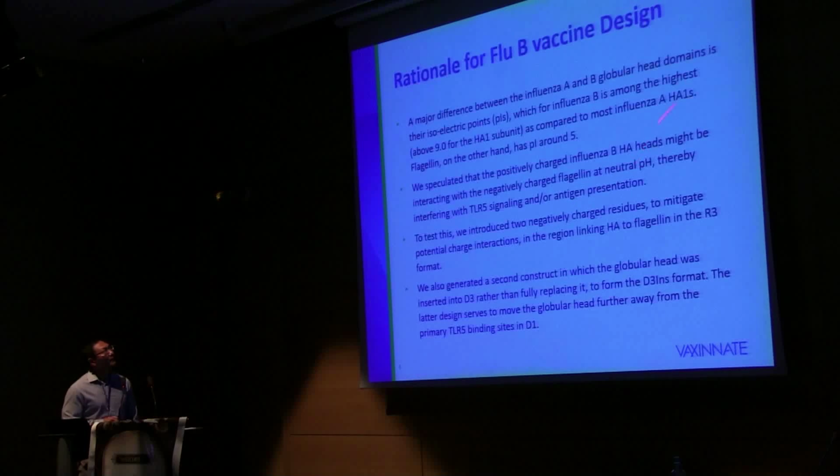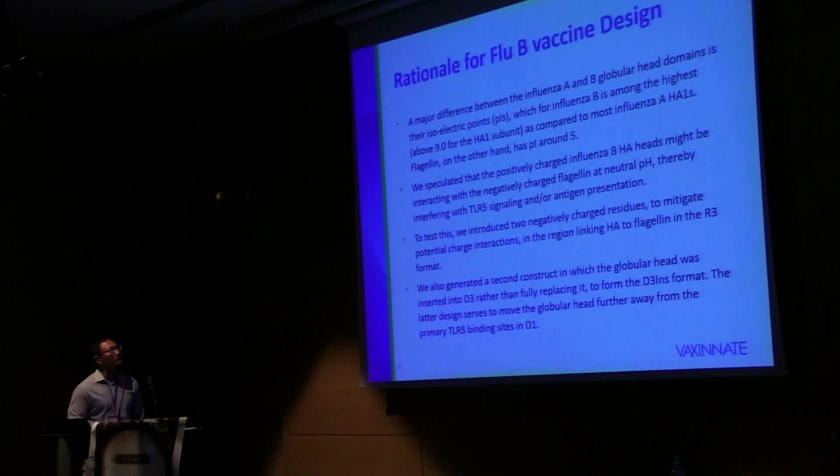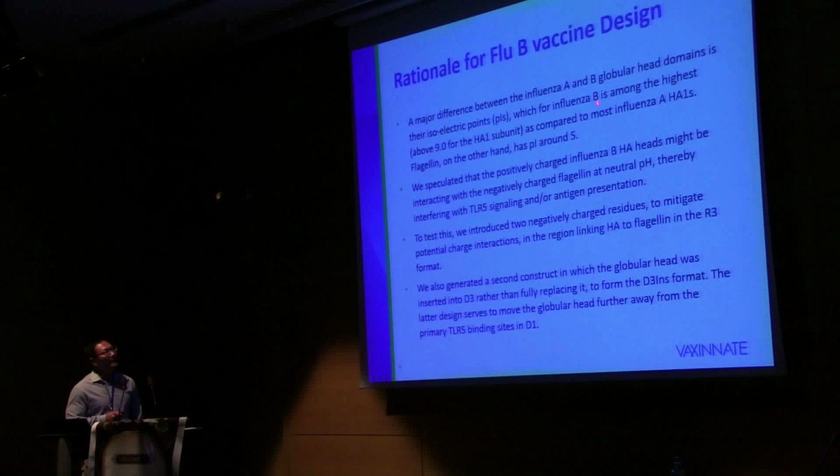In our investigation, we found that the major difference between the flu A and flu B globular heads is the isoelectric point. Flu B has an extremely high pI, usually about 9.0, compared to flu A, which is in the 7 to 8 range.